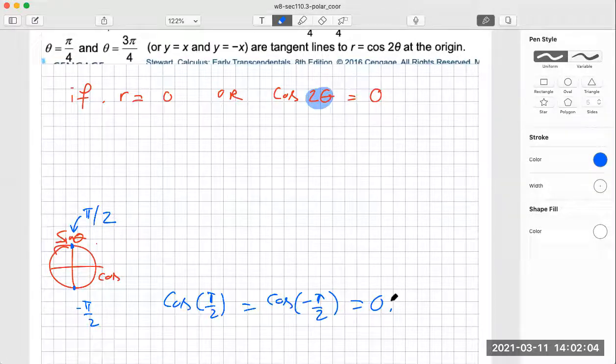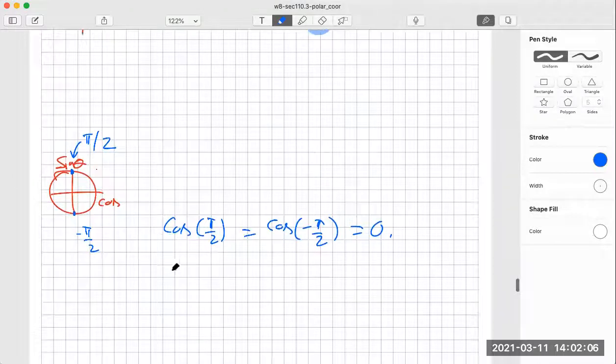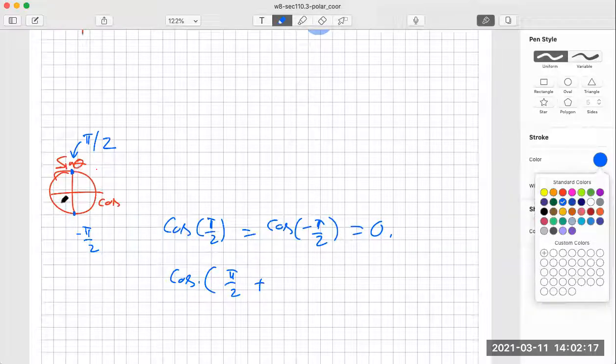Or more generally, if we pick that point, cosine of pi over 2, we add one more pi. It means we go in this direction one more pi. They will all give us the same result.